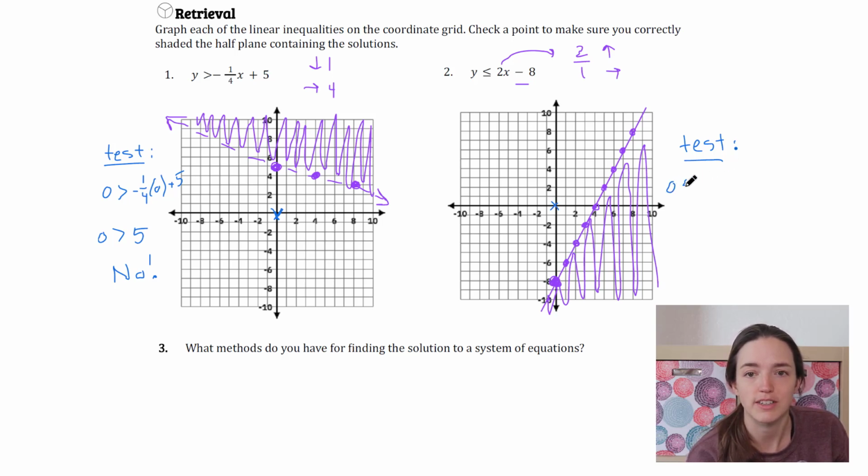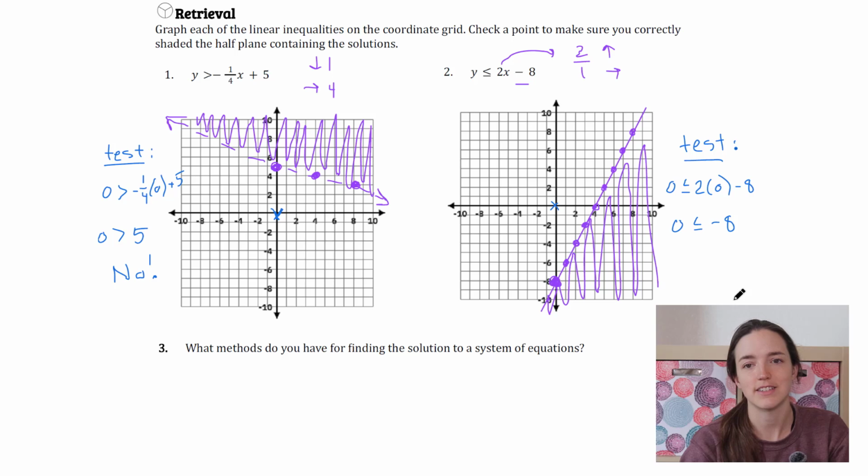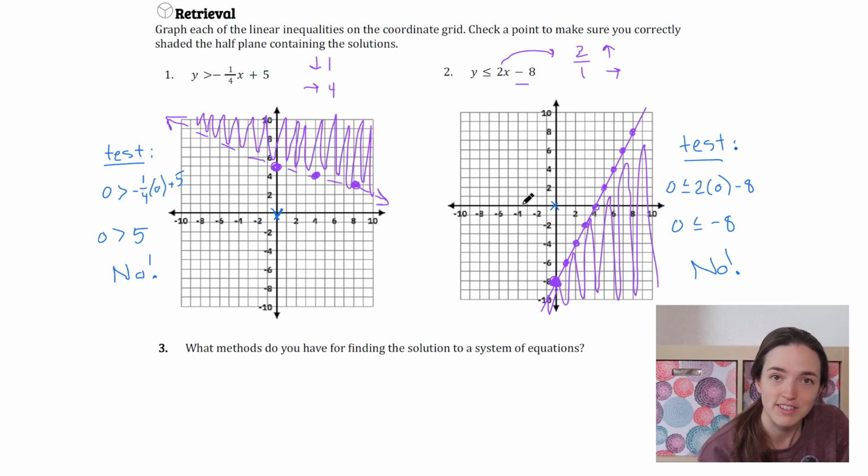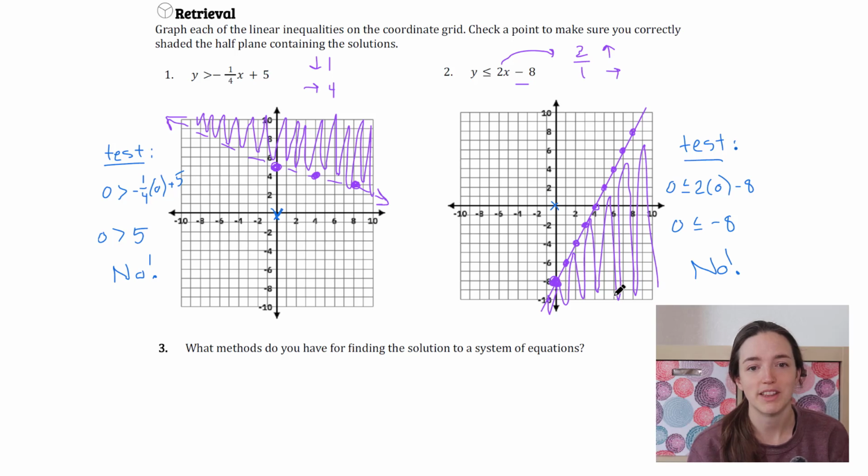Let's see, 0 less than or equal to 2 times 0 minus 8. So 2 times 0 is 0, minus 8, negative 8. Is 0 less than or equal to negative 8? No. Okay, so we do not want to shade on this side, we want to shade on the other side, so we were right.